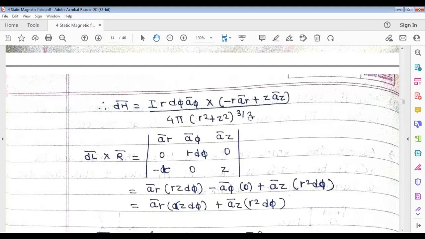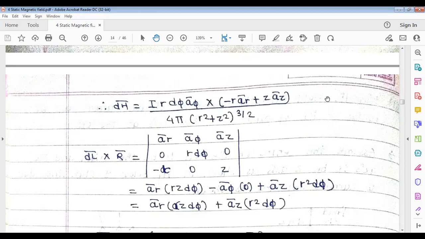Anti-clockwise direction. Then when you are going in anti-clockwise direction, the sign is plus or minus? Negative. Right. Now, a bar phi cross a bar r means the sign is negative.